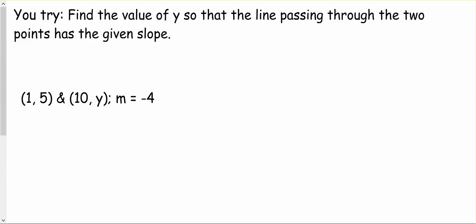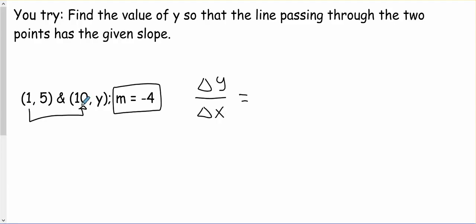So you guys try this one. We want to get a slope of negative 4 here. Change in y over change in x. And we want this to be negative 4. So we've got our x values. My x value is from 1 to 10. What is that change?